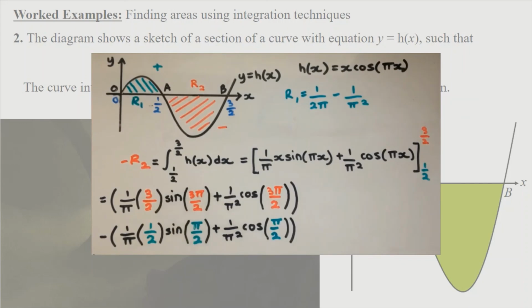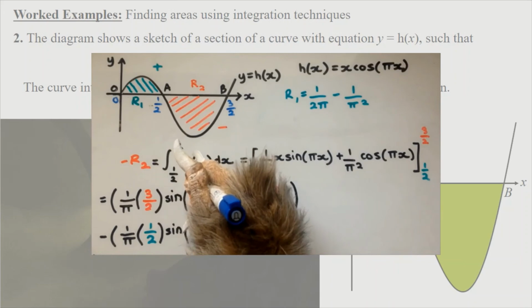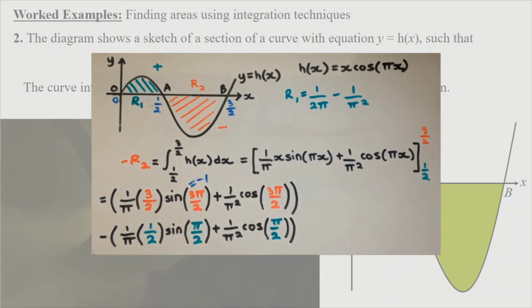If I take the sine of 3 pi over 2, that's the sine of 270, which is -1. So I'm just going to make a note of that. So this bit is equal to -1. And then I have the cosine of the same angle. So cosine of 3 pi over 2, that's going to be 0.